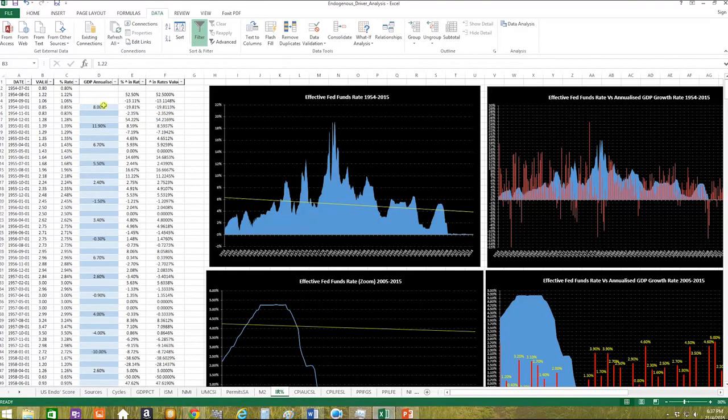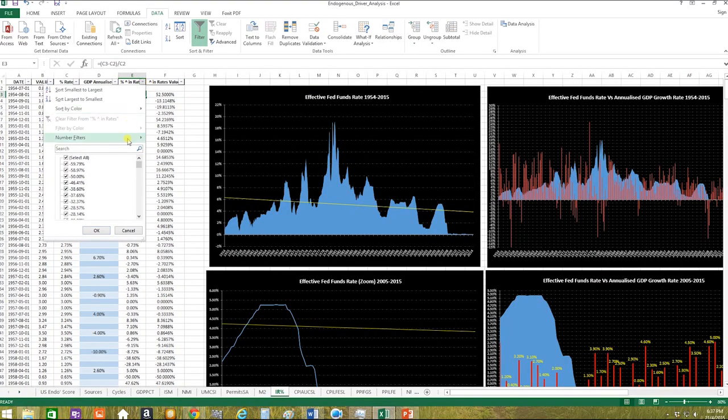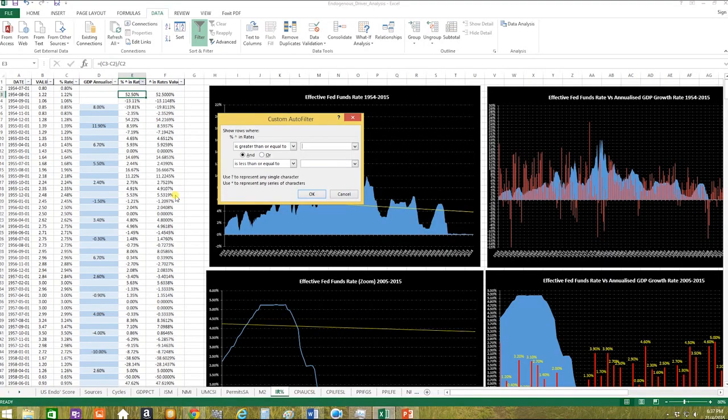So if we go back to the spreadsheet here, you'll see that we have our column of annualized real GDP growth here. And we have all our filters still on our columns. And what we do is we take the percentage change in rates, and instead of filtering by greater than or less than, we filter for between values. If we just pick an example, we look at minus 5% and 0%.